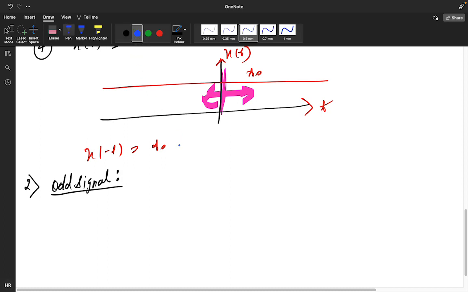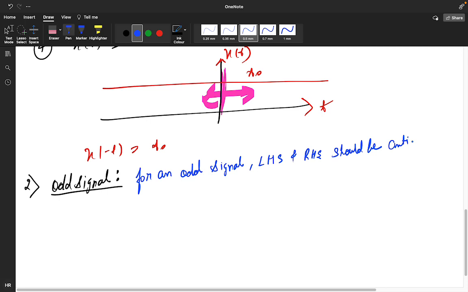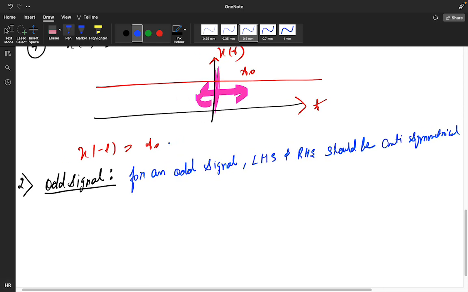For an odd signal, the left hand side and right hand side should be anti-symmetrical to each other.